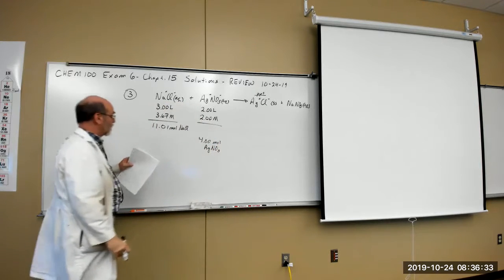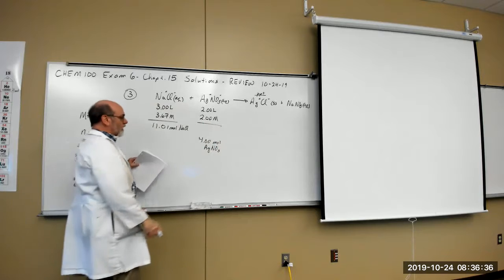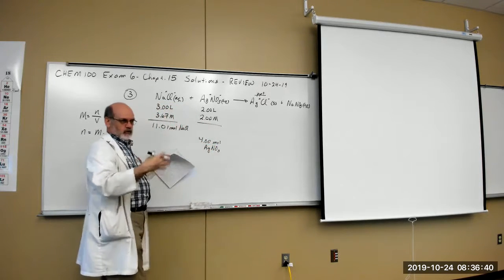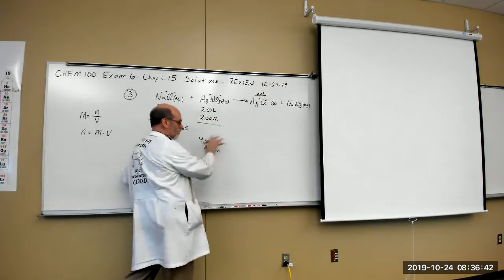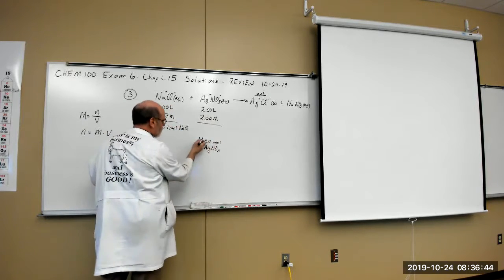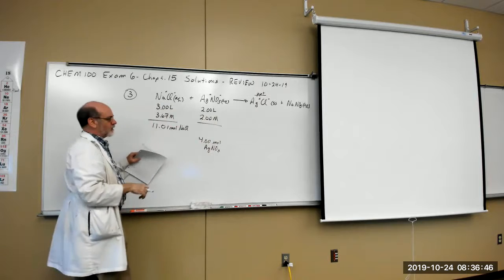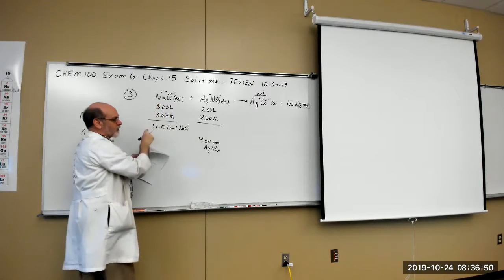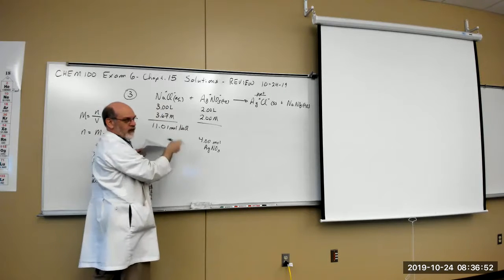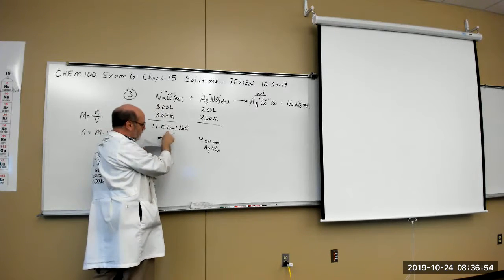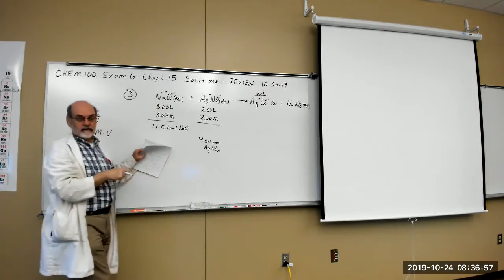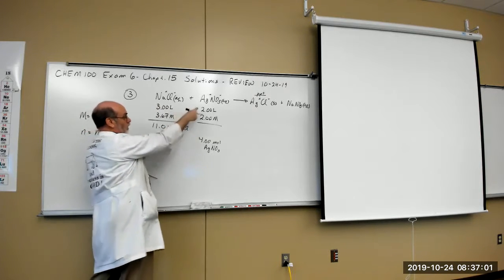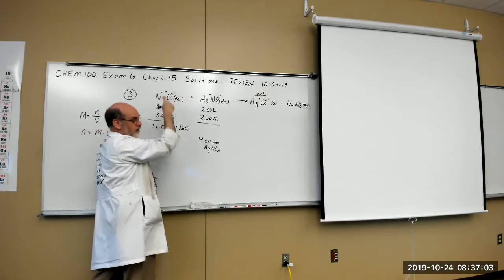Okay. So we could go ahead and do the usual, say how much product would each one produce. But look here, we can save ourselves some time. These are 1 to 1, right? So if they were going to be stoichiometric, these would have to be equal, wouldn't they? It takes one of each, one of those to one of those.